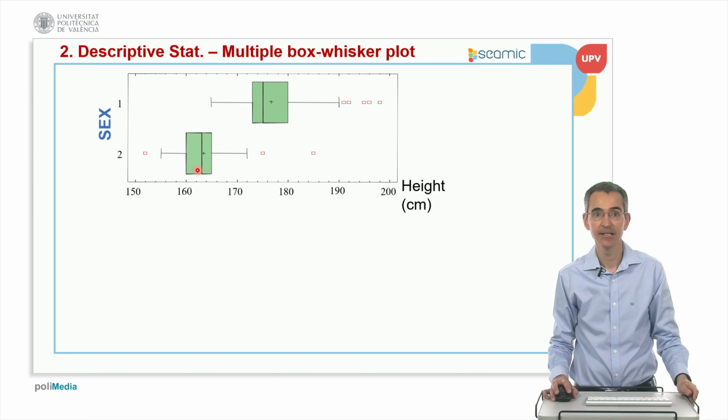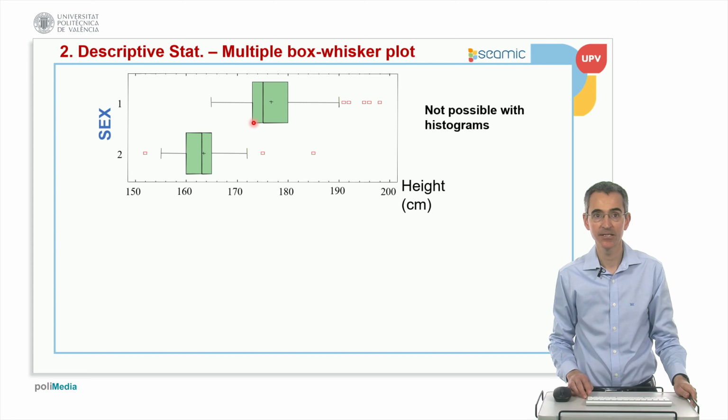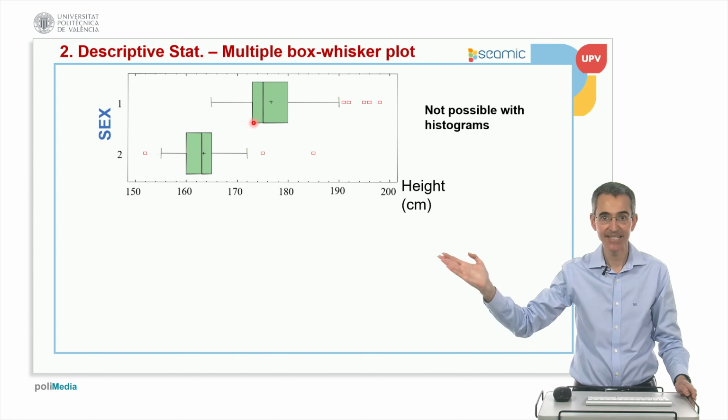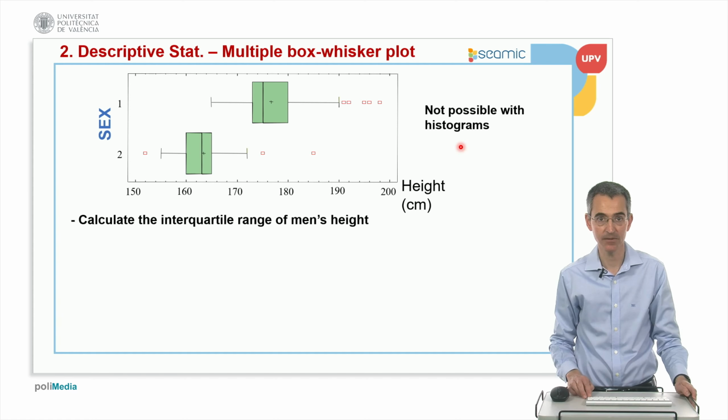The median of women is very different from the median of men, and also the interquartile range. So the range of most frequent values is totally different. This multiple box and whisker plot was obtained with real data. So this is a very useful comparison, and this kind of comparison is not possible with histograms.